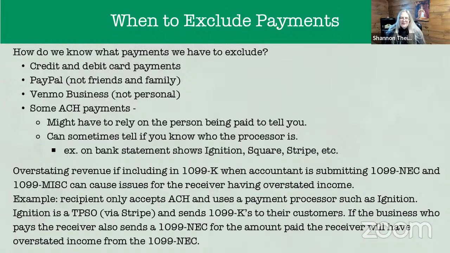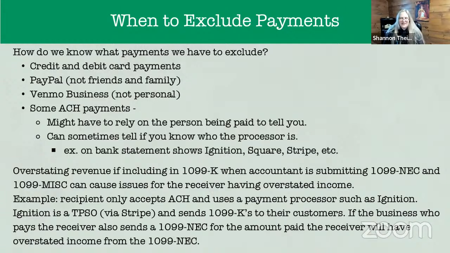But sometimes if you know that certain vendors or certain payment processors include ACH on their 1099K, and you can tell who the payment processor is on the bank statement, you can exclude those payments.